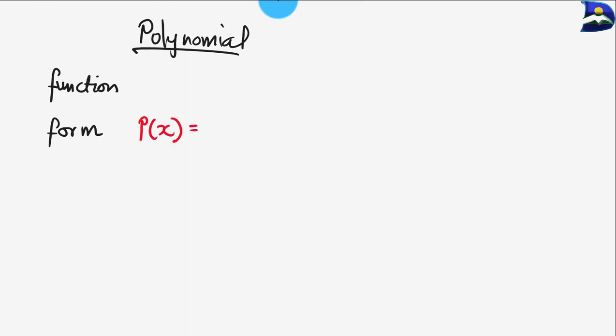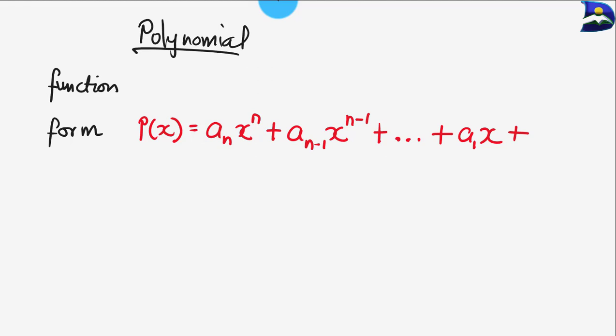is a function where p at x is equal to a subscript n multiplied by x to the power of n, plus a subscript n minus 1 multiplied by x to the power of n minus 1, plus this continues until it approaches plus a subscript 1 multiplied by x to the power of 1, plus finally our x is to the power of 0, which in this case is 1 multiplied by the specific subscript, which is 0.